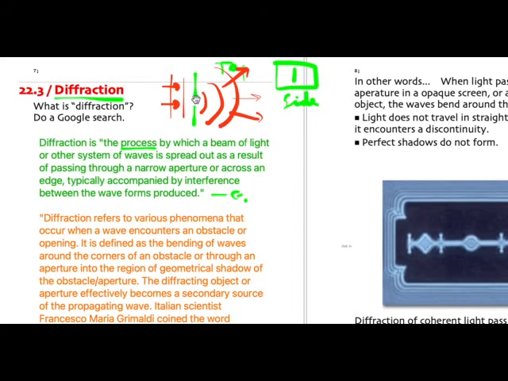But if this slit is not very narrow, then these wave fronts will not be perfectly circular, perfectly cylindrical, but still the waves will spread out as you go downstream from the screen.